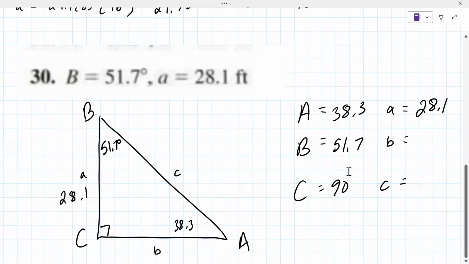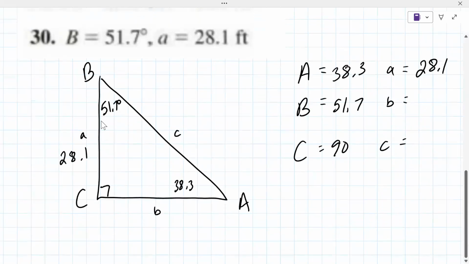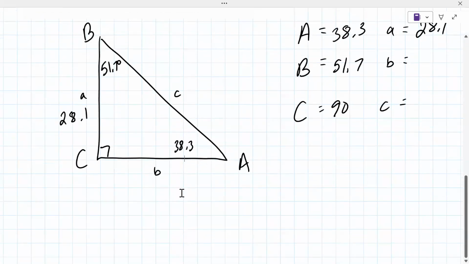So okay, that's why I said it's not like you're finding everything, but you're not really finding everything. You've got to find two sides. It doesn't matter which angle you use, but you are going to use this side. So if you use 38.3, if you're going to use sine, you're going to find C. But you could also use tangent. A lot of students default to tangent.